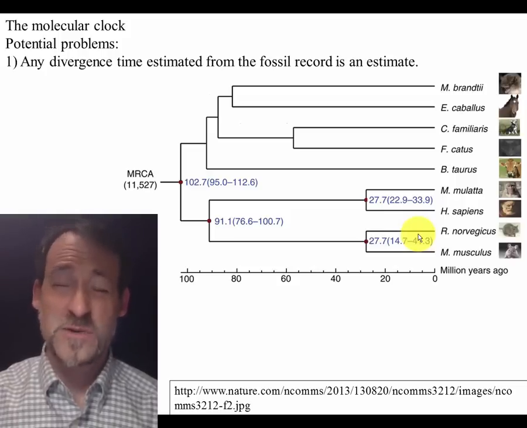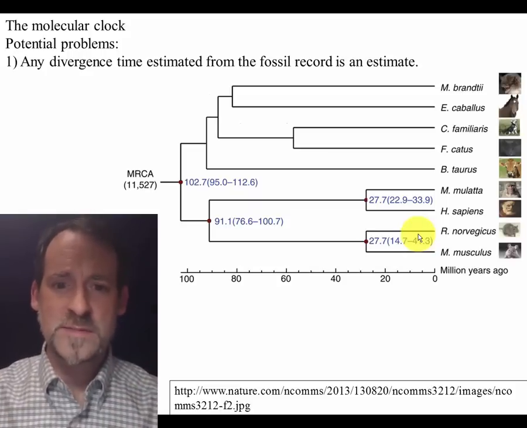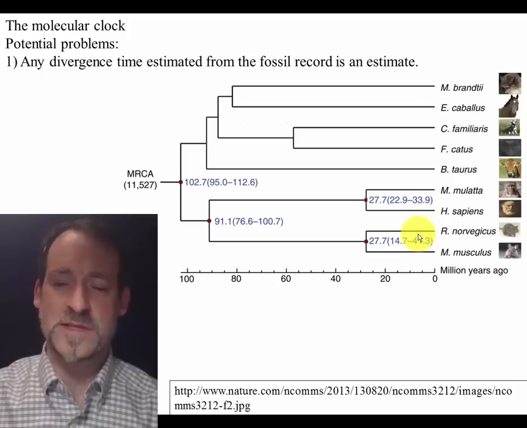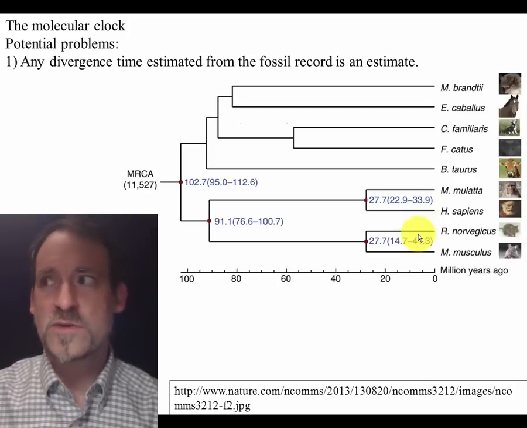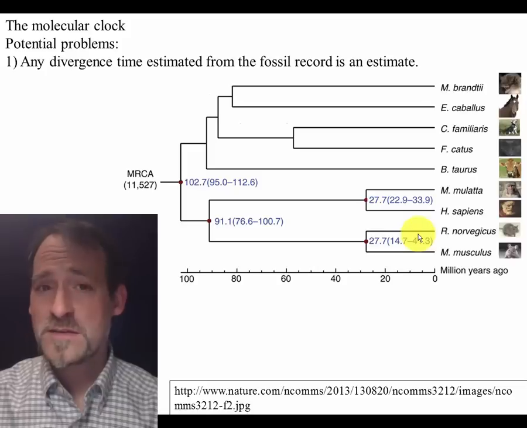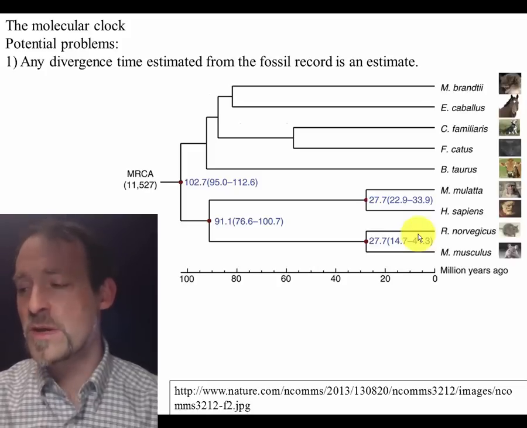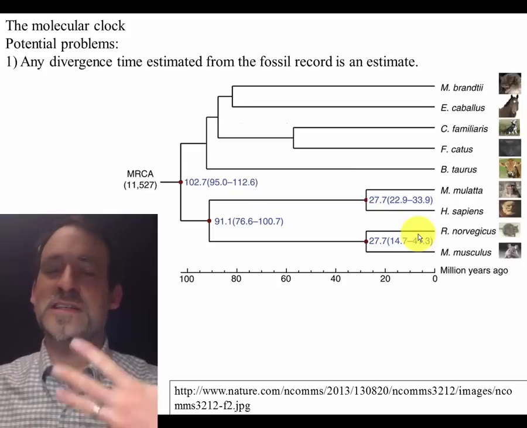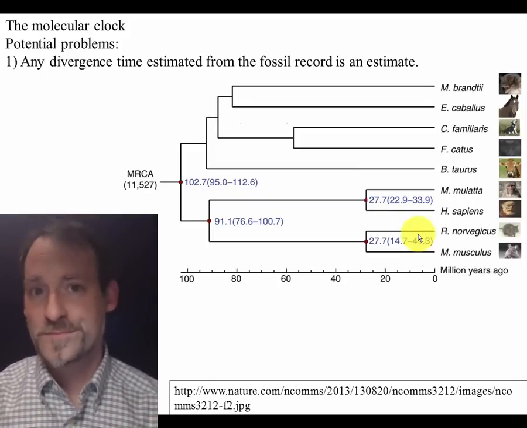And so I know that they split apart at least 110 million years ago or whatever. But really, you can have this really big range around the estimate. And so when you go to estimate R, there's a lot of uncertainty about what R really is. And so when you go to estimate other dates based on R, that uncertainty stays with you and it makes all of your estimates uncertain.